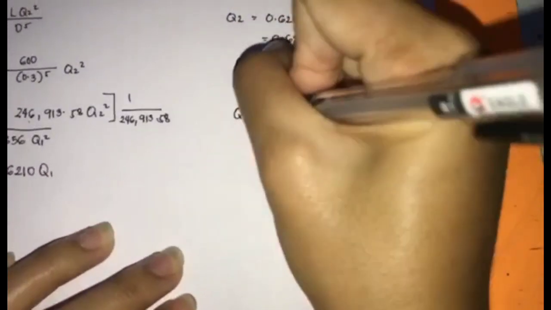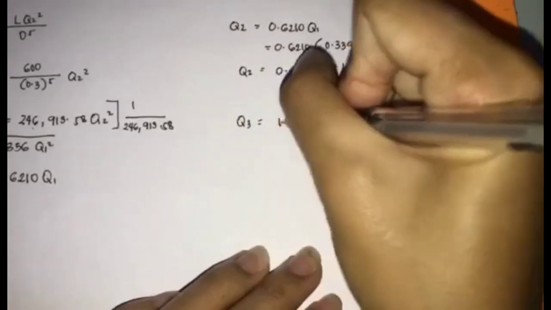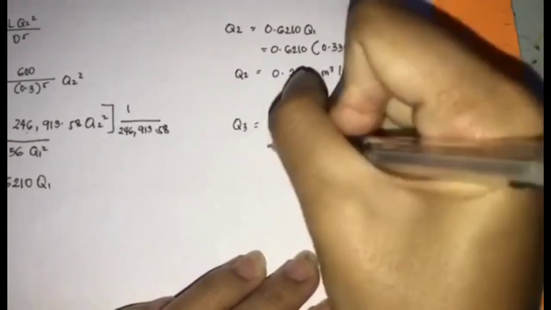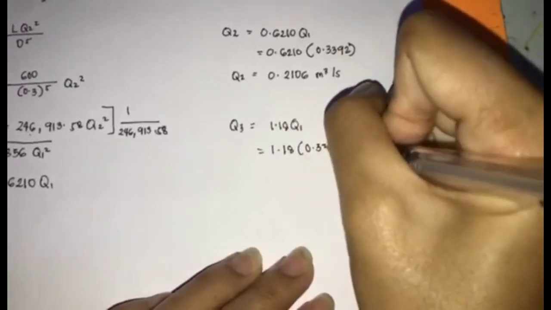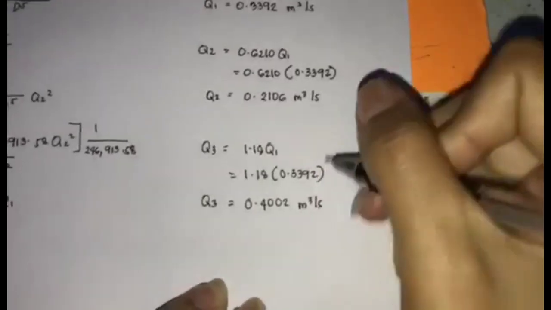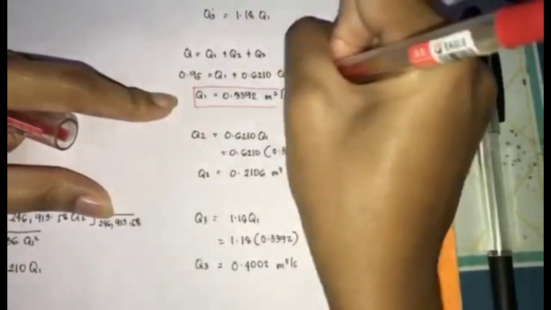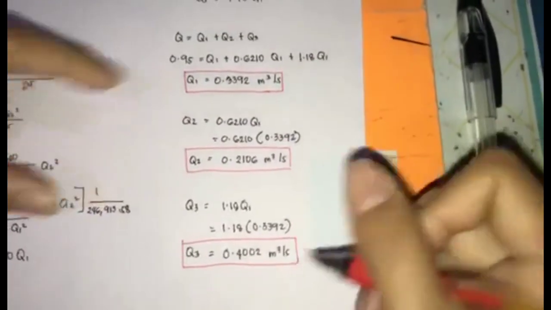Same with the discharge at 3, which is equals to 1.18 Q1. So 1.18 times 0.3392, we get 0.4002 cubic meters per second. So now, we already have the discharge at pipe 1, pipe 2, and pipe 3.